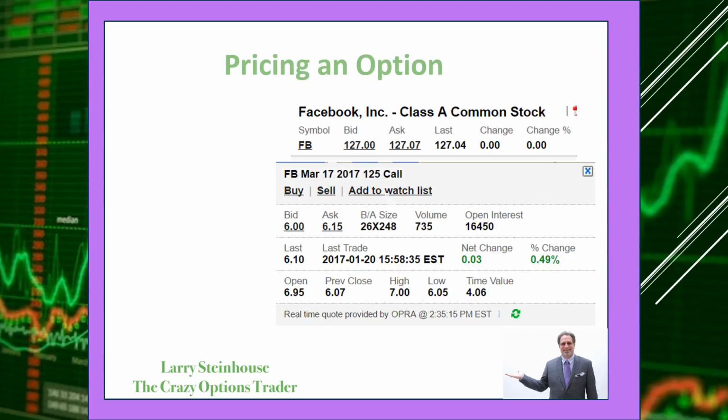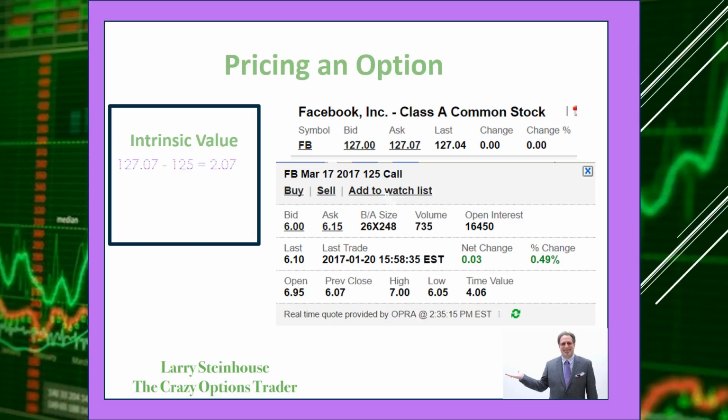Once again, we have the ask price of the stock, $127.07, and it's a $125 strike price call, which means that inside this option, if I was to buy it for $6.15, which is the ask price, I would have an intrinsic value of $2.07. Get it? $2.07 is the difference between the ask price of the stock and the strike price of the option. So my intrinsic value is $2.07.